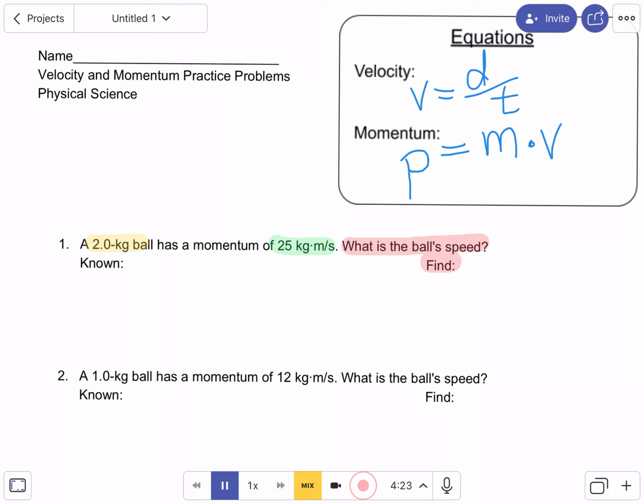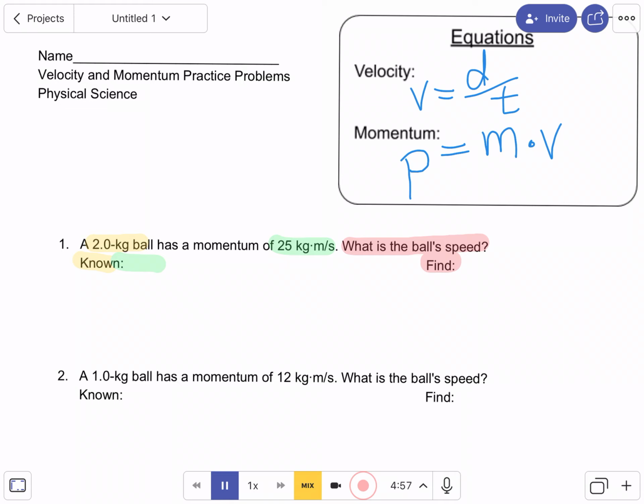So some of these word problems, these ones are pretty straightforward, but sometimes in physics we have a whole bunch of information, and it's nice to just have like a focus point to remind us that we are only looking for one thing, and then we can kind of work backwards from there. And that will become more clear why we do that as we move forward with our work.